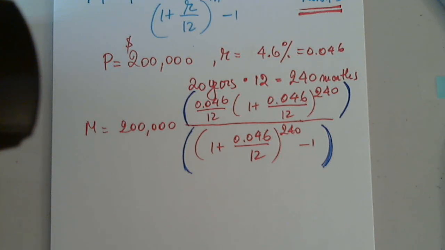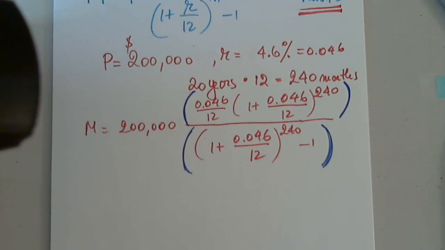And we'll see how much we pay per month for the next 20 years, fixed every month, and then we can calculate how much we pay extra on top of the 200,000. So we give them back the 200,000 and let's see how much we pay.